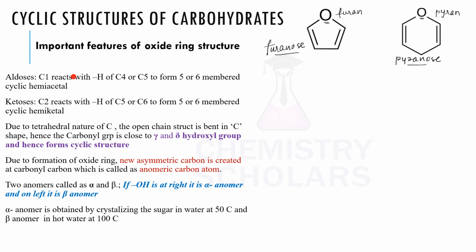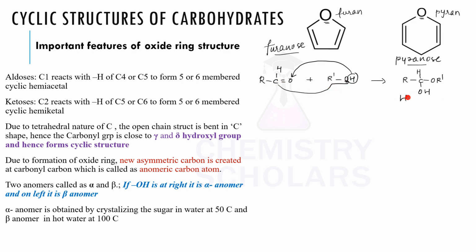So what exactly happens here is, in aldoses our functional group is the aldehyde functional group. There are reactions where aldehydes and ketones react with alcohol, and now when I'm reacting an aldehyde, it forms a hemiacetal. So this H goes with the oxygen, and this carbon and oxygen form a bond.